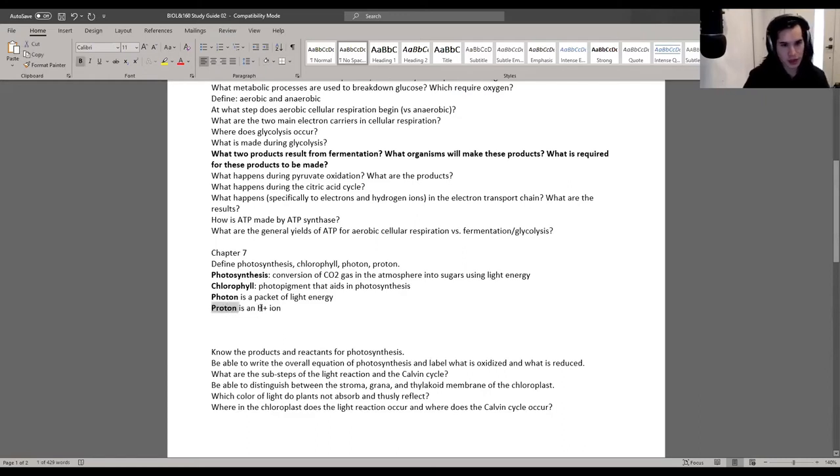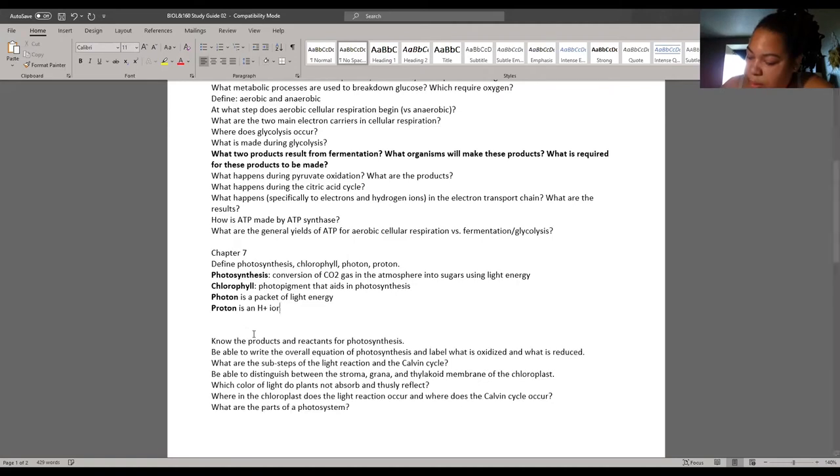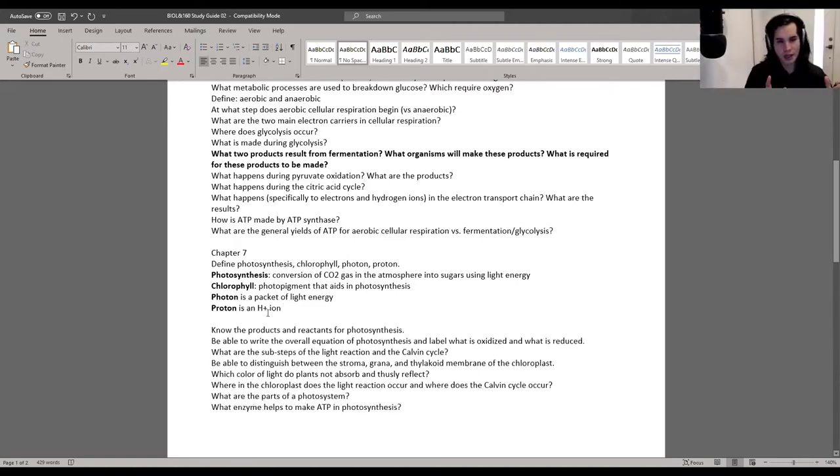Fun fact about H+ ions and why they're named protons: if you remember from the chemistry portion, hydrogen has one proton in the middle, no neutrons, and usually one electron on the outside. If you make an ion out of it by taking away its electron, all you're left with is literally a proton, which is its nucleus. That's why we call H+ ions protons. Usually the higher the H+ concentration, the more acidic something is.